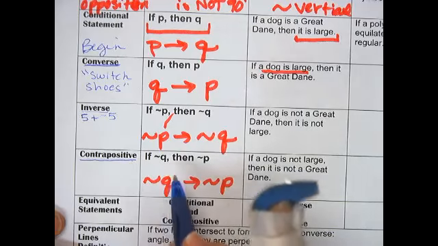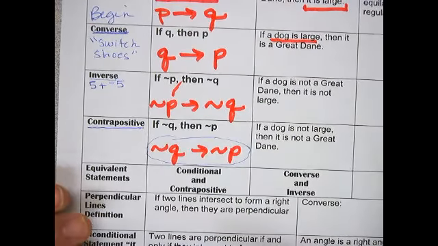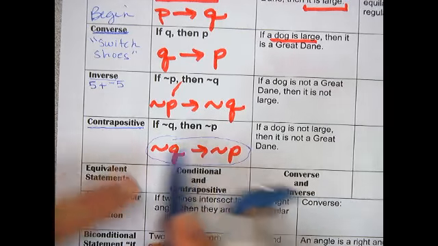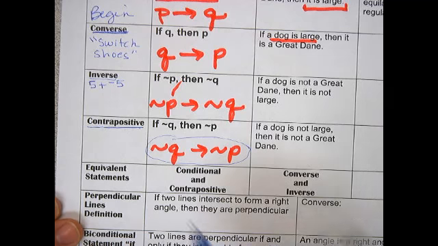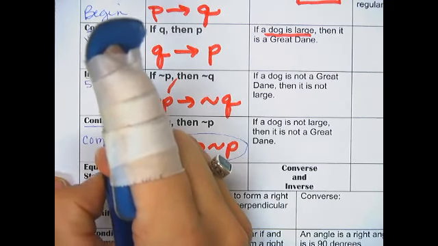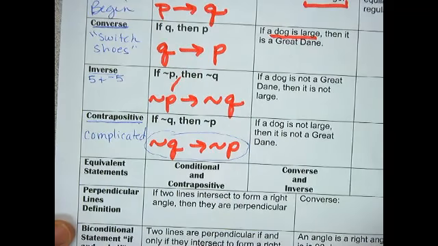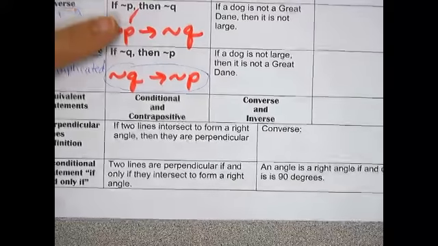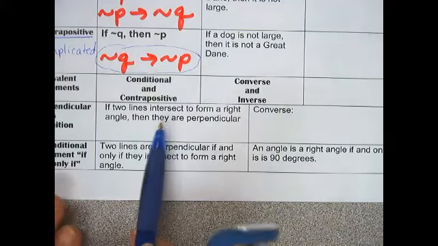And the last one is contrapositive, and the best way I've come up with is notice that contrapositive is the longest word here. Converse, inverse, contrapositive. So it's the most complicated word, so it's got the most complicated stuff happening. In other words, everything happens. It switches shoes and it becomes opposite. So it's the most complicated switch.